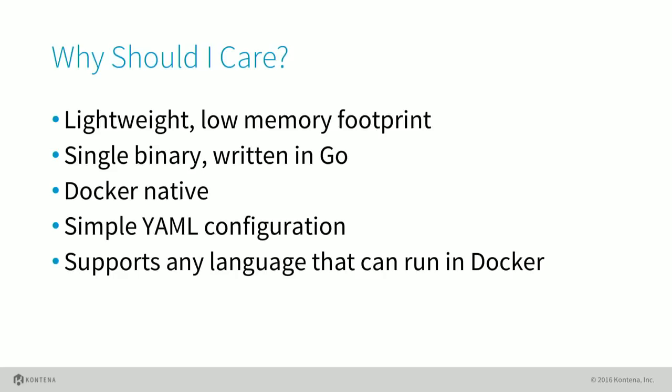All the things in drone are configured through YAML configuration, so it's really easy to read and understand what's happening in my build process. And of course, it supports any language or any framework that you can run in a Docker container. So you don't have to install any plugins anywhere to be able to run your build for your application.